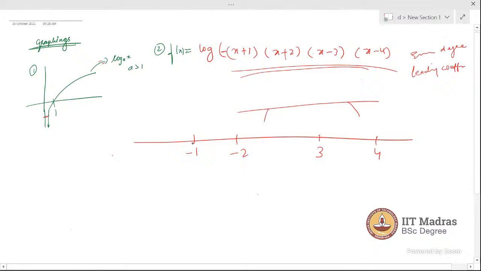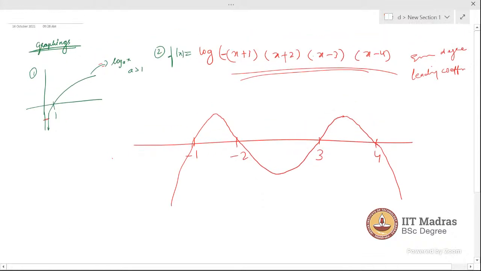So at the boundaries, the graph is going to look like this. In between, the curvature will be something like this, maybe with some more stretching here. Now this is the graph for this.